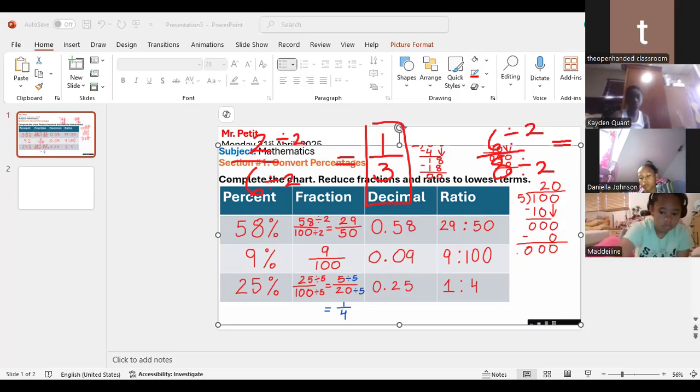How many times does 2 go into 6? 2. No, 6 divided by 2 is what? 3. Very good. And what is 8 divided by 2? 4. Very good. So the answer is 3 over 4. Put that in.